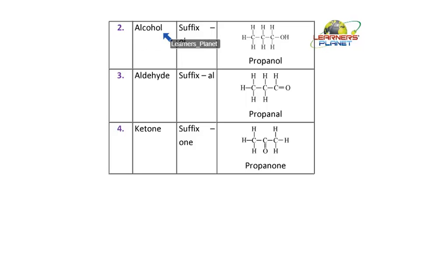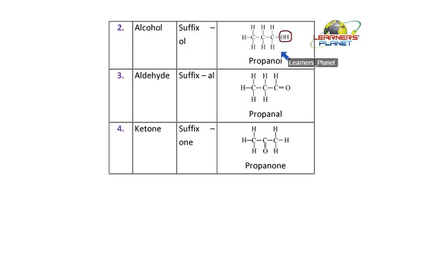Now there is alcohol. For alcohol, the suffix is -ol. And what is the functional group here? Which group is assigning alcohol that particular property? That is the OH group, or hydroxy group, right?